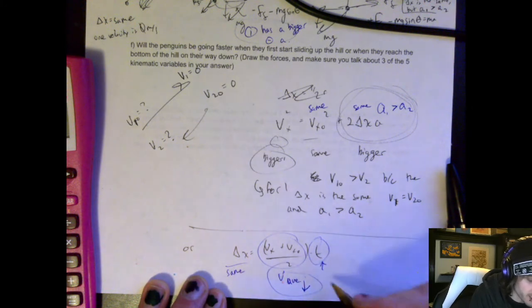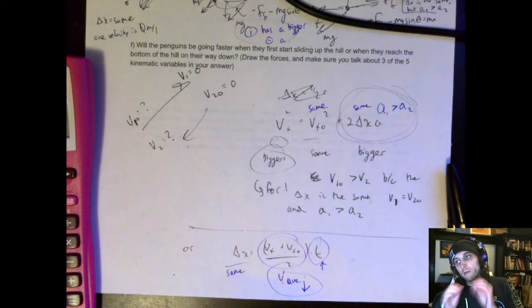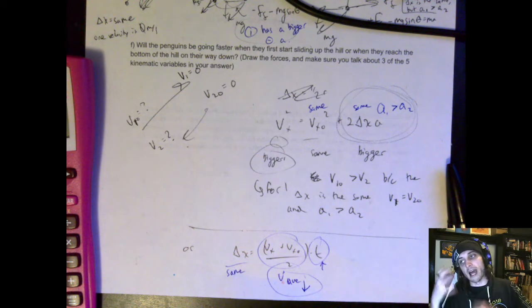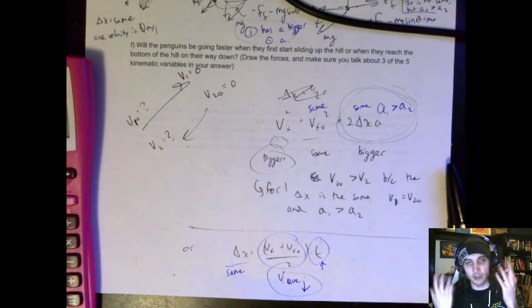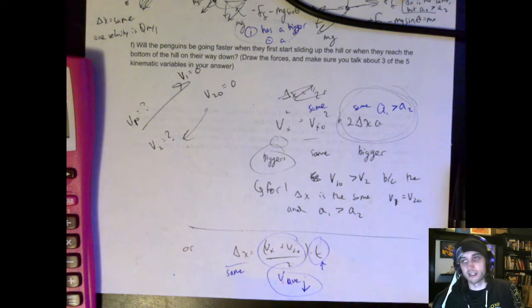So if the average velocity is lower, one of the velocities has to be slower at the end, because if you add the 2 together and divide by 2, you need a smaller number to be adding to 0, not a bigger number to be adding to 0, if that makes sense, hopefully. If it doesn't, hopefully the other way makes sense.